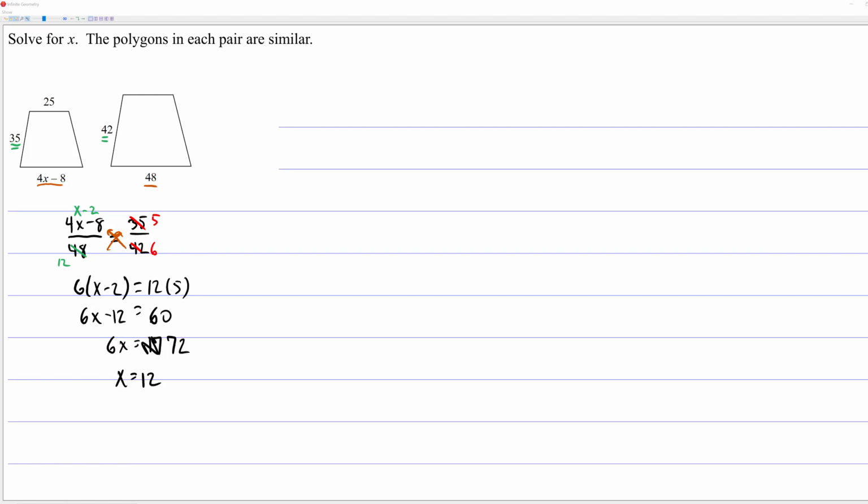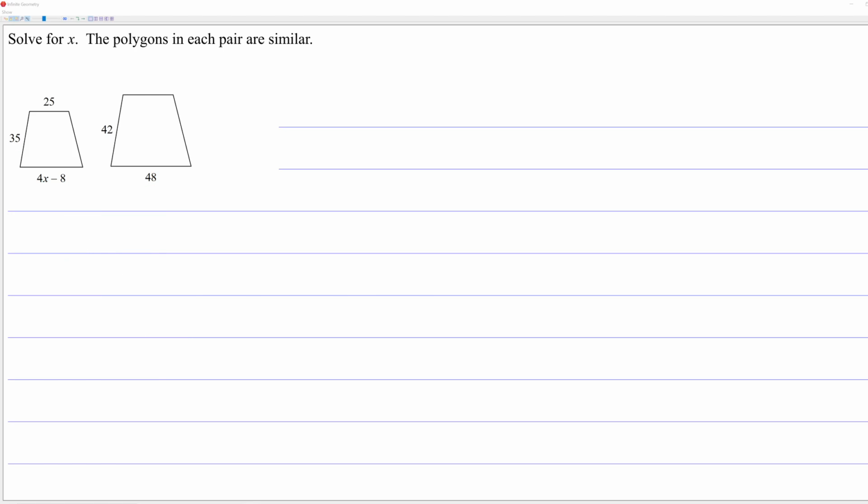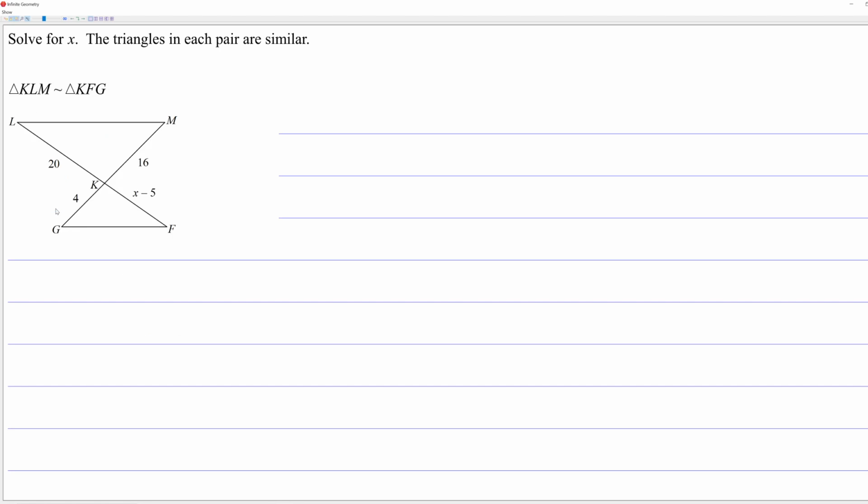So what made this problem somewhat simple was that the two polygons had the same orientation, so we didn't have to think too hard about which sides corresponded to one another. However, let's look at this example when it's not incredibly obvious. So we'll start with side KF. That's where our variable is, so that's where most of our interest is going to be.